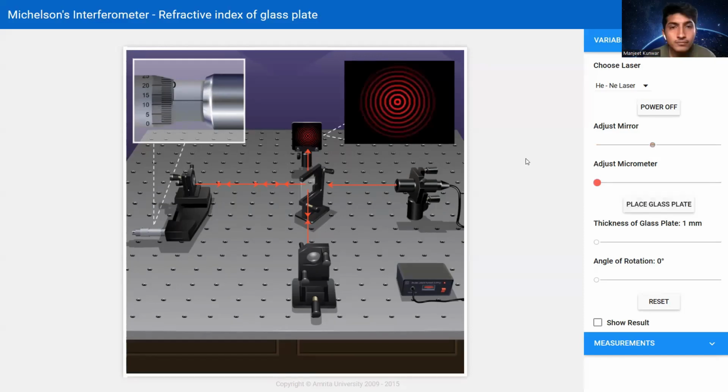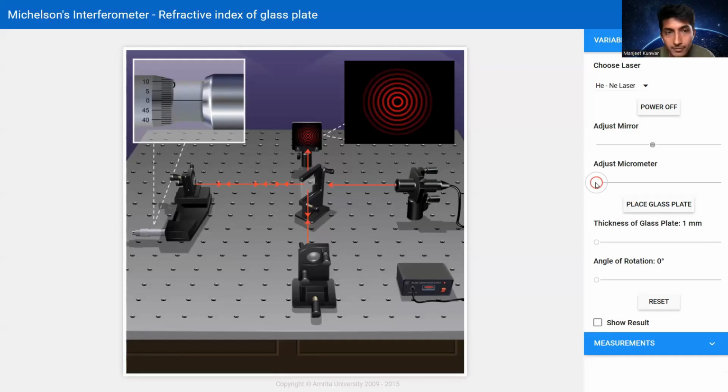First, we're going to observe a bright fringe and measure our reading through the micrometer, and I'm going to change or adjust my micrometer and look at the reading. So it is done precisely with the keyboard forward button. Here is our bright fringe and we count order 10. So let's begin.